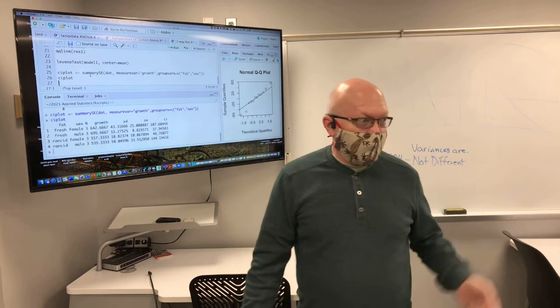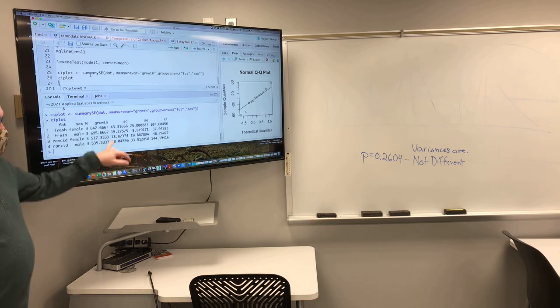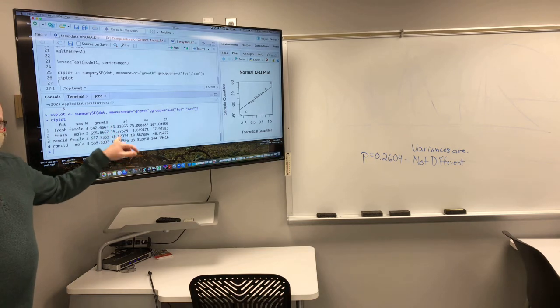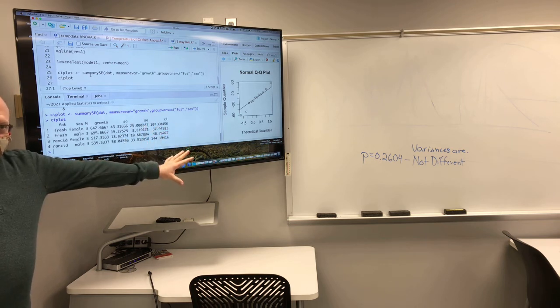That p-value means that the variances are not statistically different. You don't have the statistical power to determine that any differences that are there are actually worth paying attention to. But it's not because the variances are similar to one another. It's just that you don't have much power to determine that.